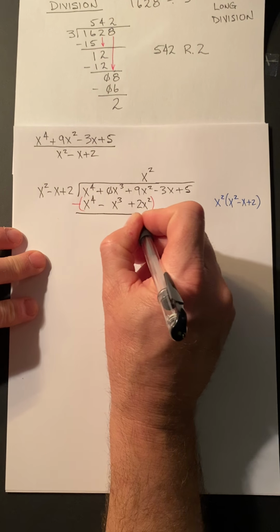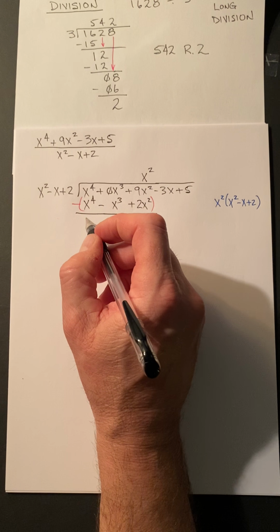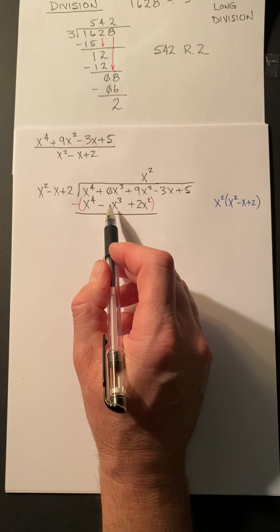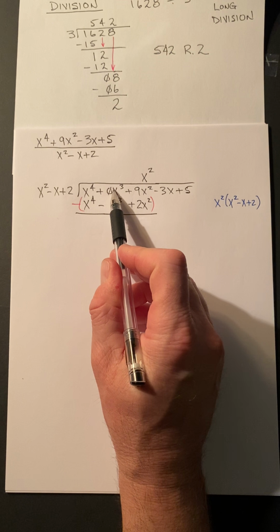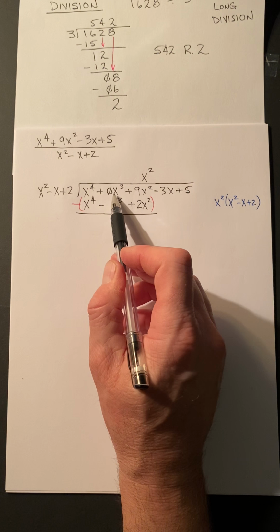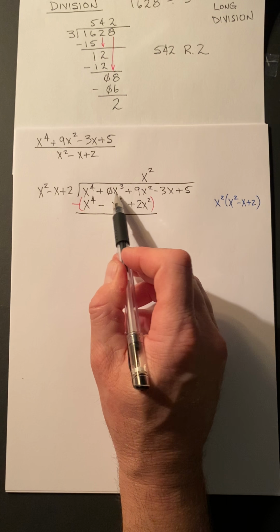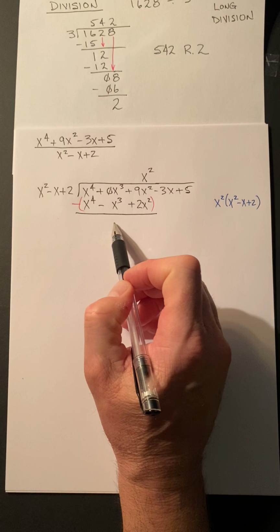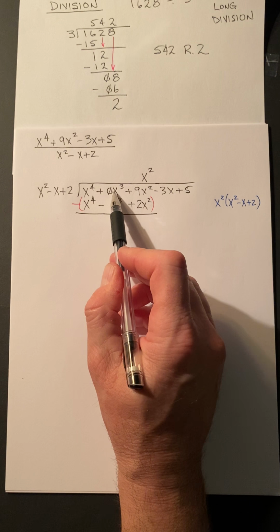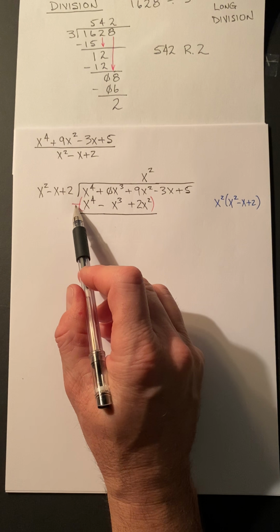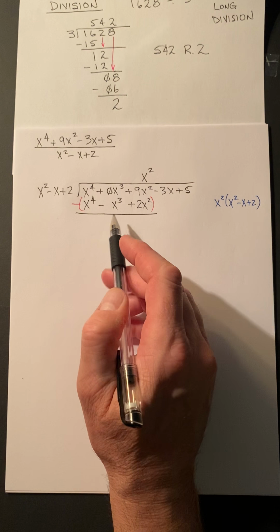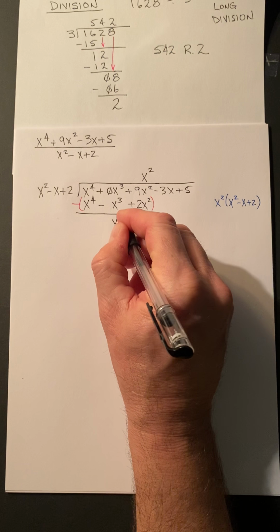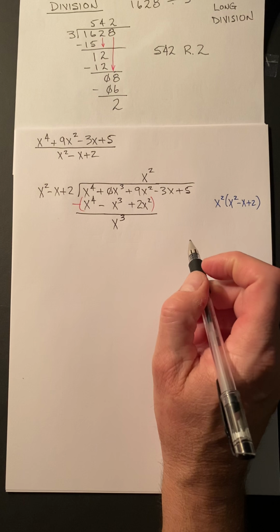When I subtract x to the 4th from x to the 4th, I get a 0, which is what I expected. Now you see why it was so important to have this placeholder, because I can line my x cubes up and do my math to get an answer down here. So 0x cubed minus a minus, or plus, gives me plus x cubed, doesn't it?